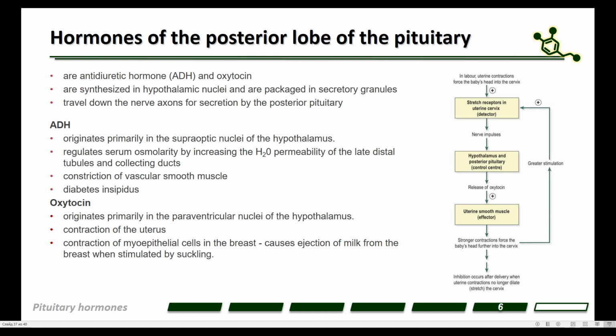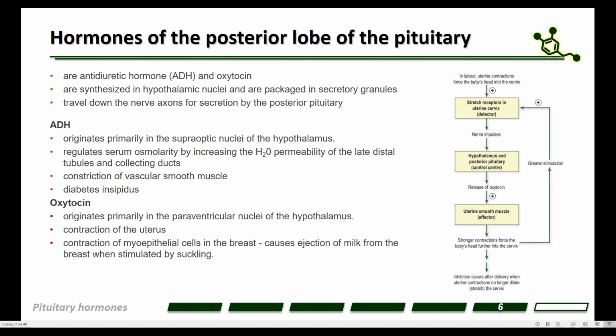These granules will travel down along the nerve axons of those neurons to the posterior pituitary, and that's where they will be stored until it's necessary to release them. So hormones of the posterior pituitary are not produced in the pituitary gland itself, but they are produced in the hypothalamus and stored at the posterior pituitary.